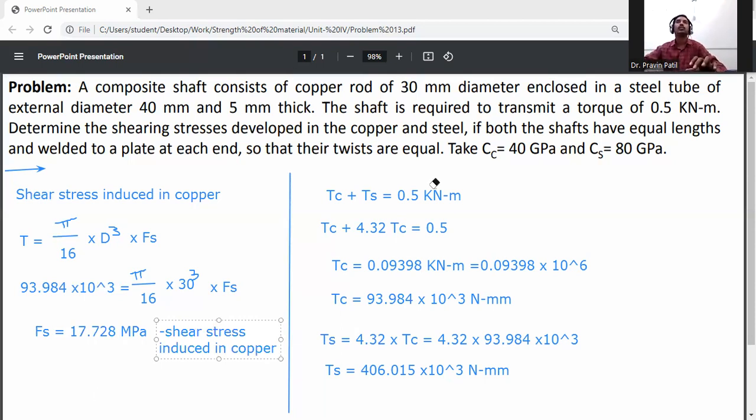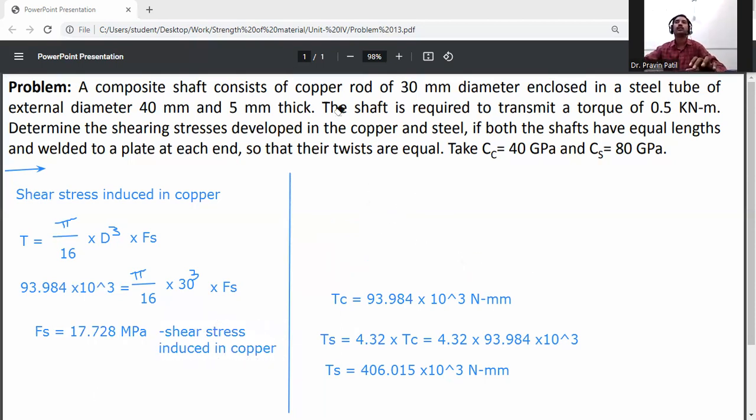So now calculate the shear stress induced in steel.